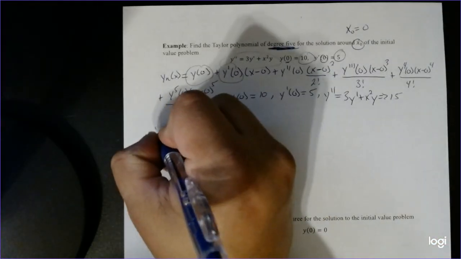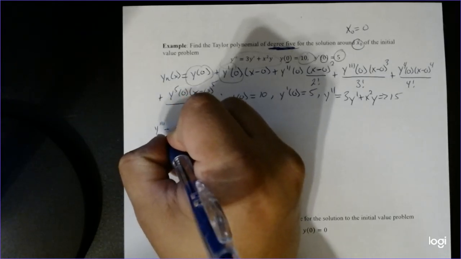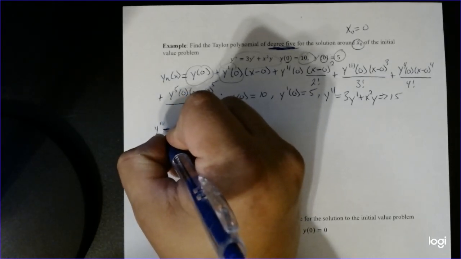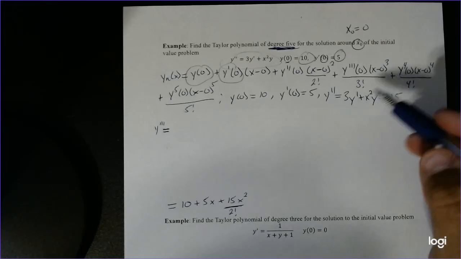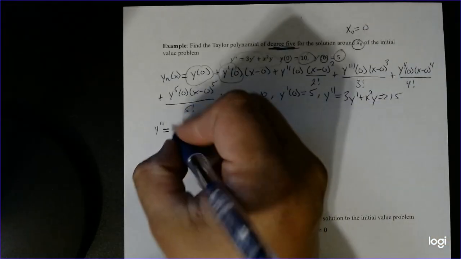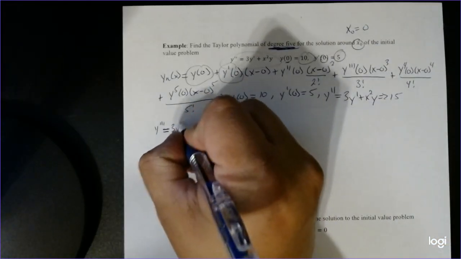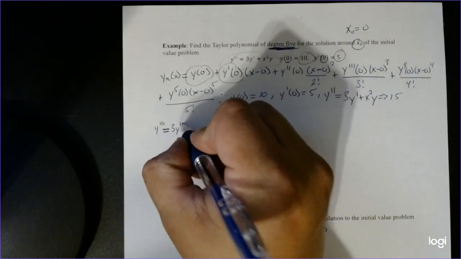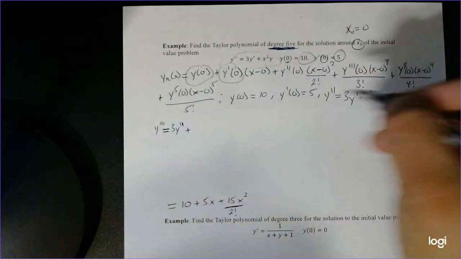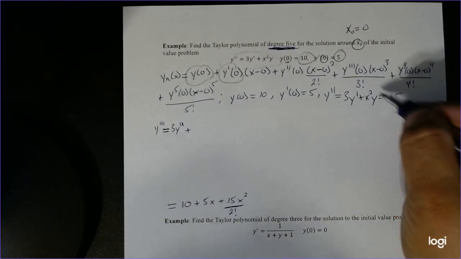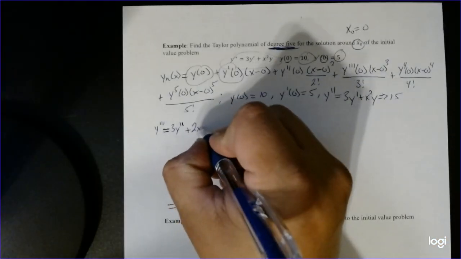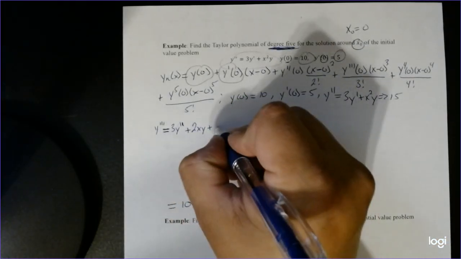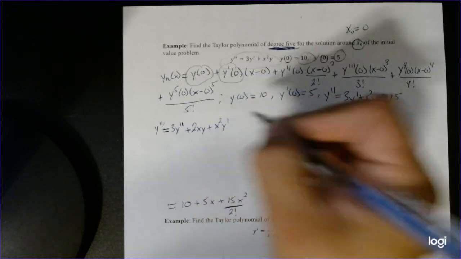So y triple prime. We have to be careful here because we actually have to do the product rule. This derivative is just going to be 3y double prime. However, here we have to use the product rule because it's implicit, so we're going to have 2x y plus x squared y prime.